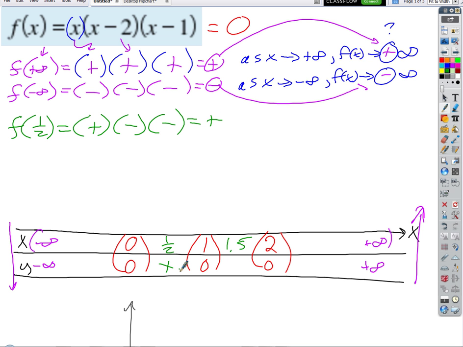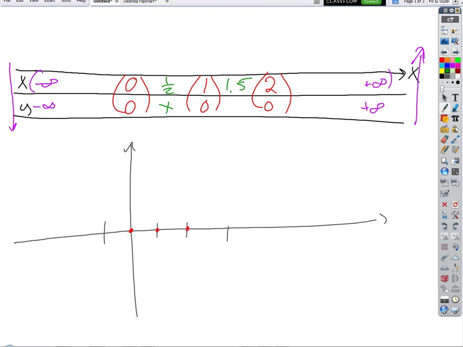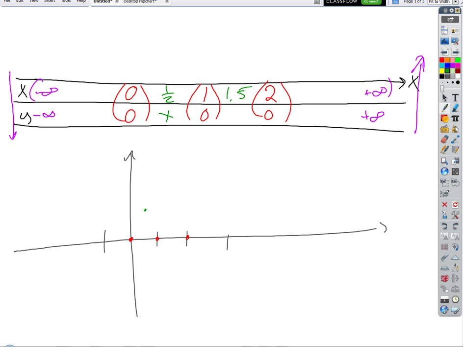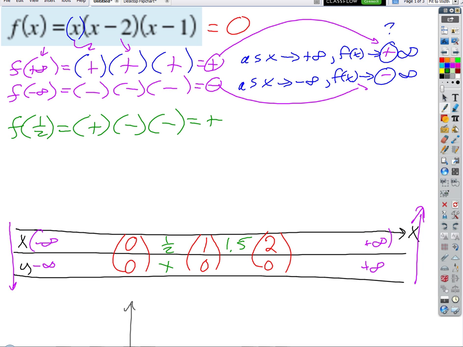So that's positive, right? And on my sketch, I know that between 0 and 1, it's going to be positive. So I'm going to have a dot above the x-axis it's got to go through. How about at 1.5? The first one's just 1.5. That's positive, right? 1.5 minus 2.